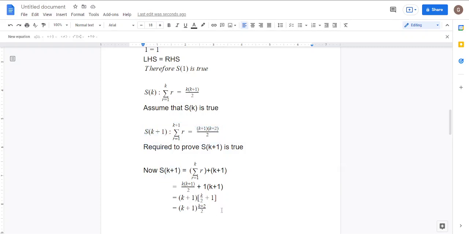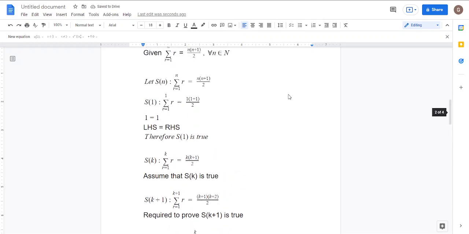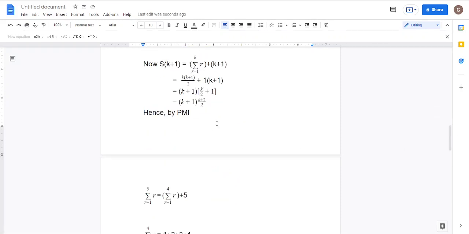Okay, so now that we've proven that, we can conclude and say, hence, by the principle of mathematical induction, and you would write the proposition you stated earlier. So I copy this down here.